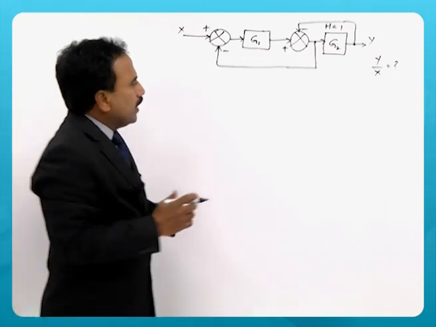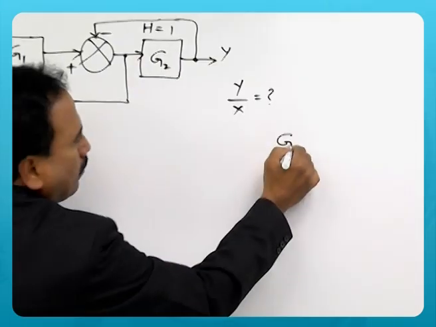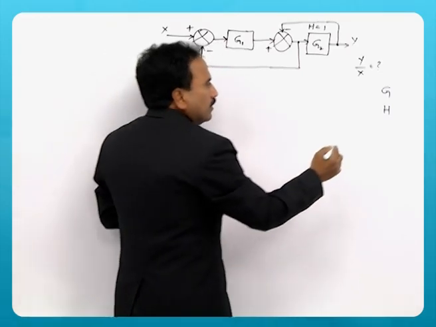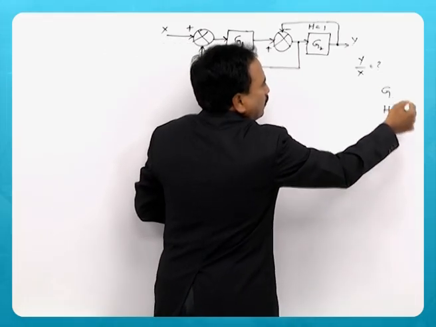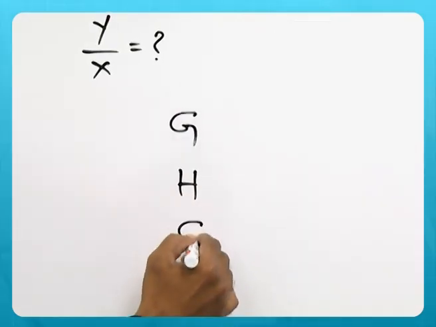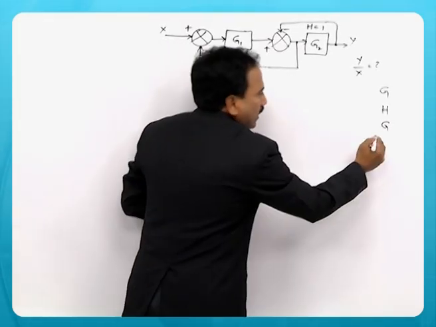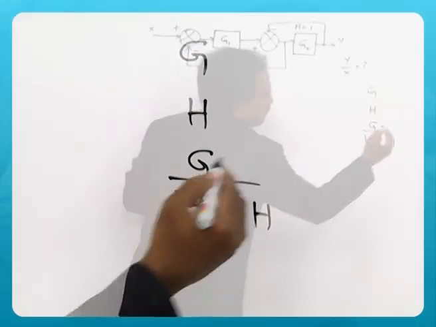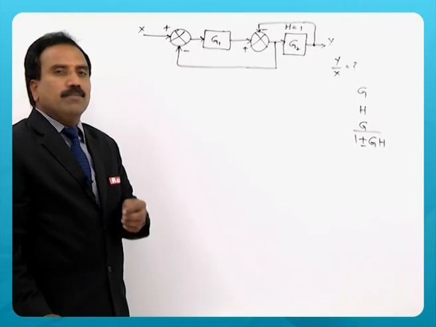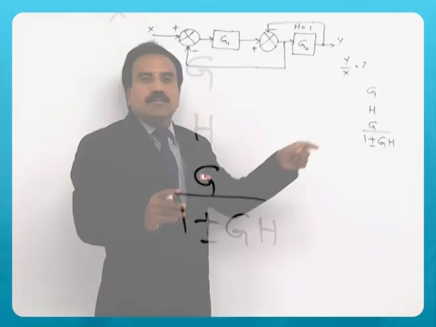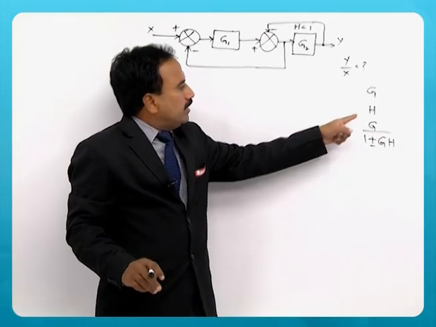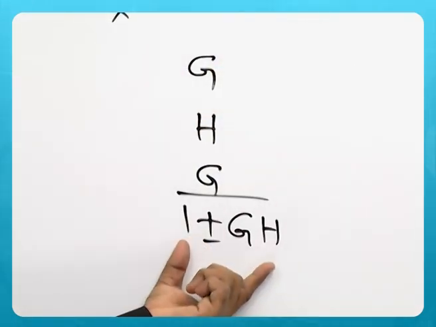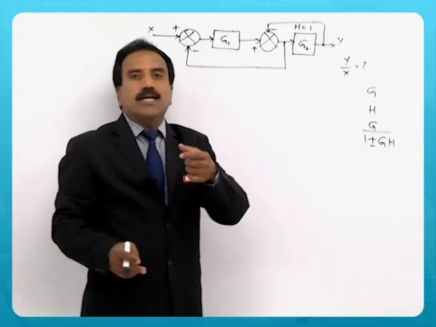When you have G in the forward path and H in the feedback path, then eliminating this particular feedback loop, we have seen in rule 3, gives G by 1 plus or minus GH. This is the resultant of eliminating such a feedback loop, with G as the forward path gain and H as the feedback path gain.